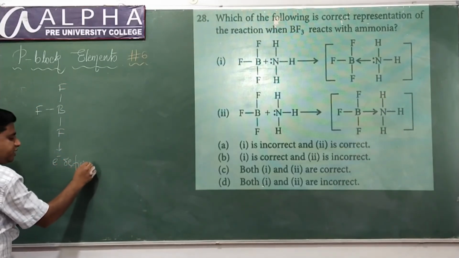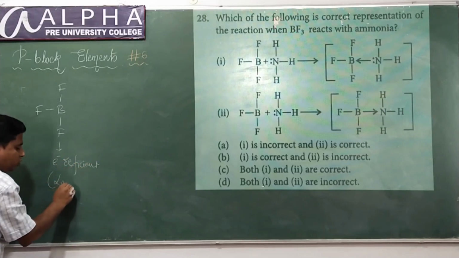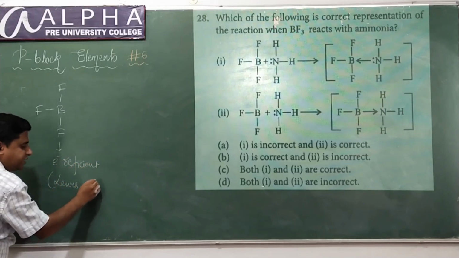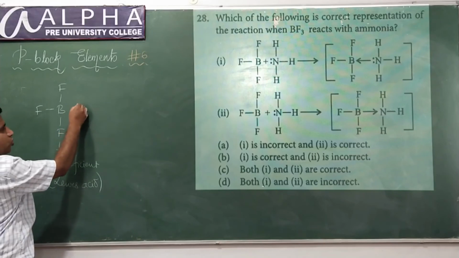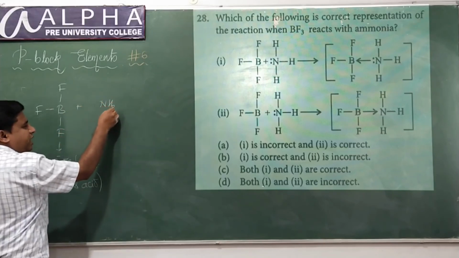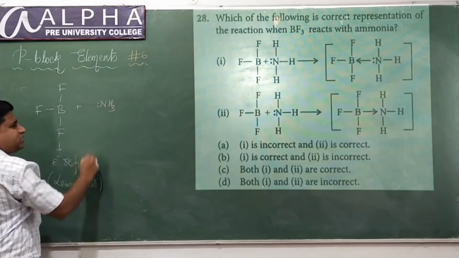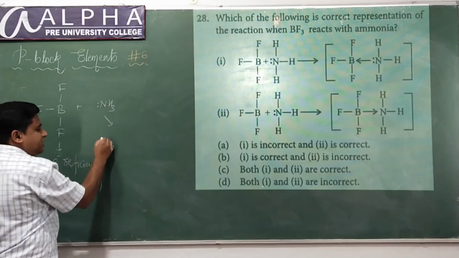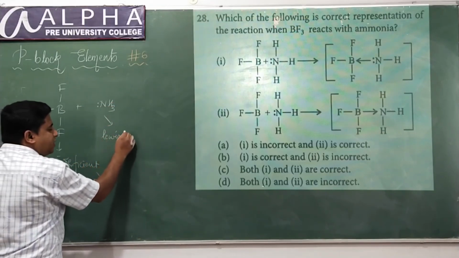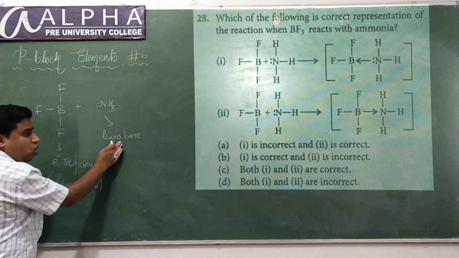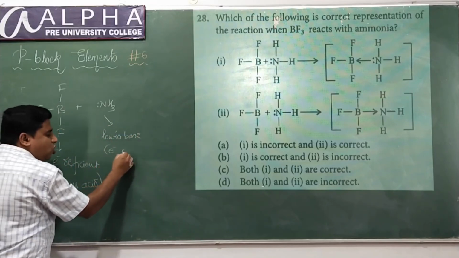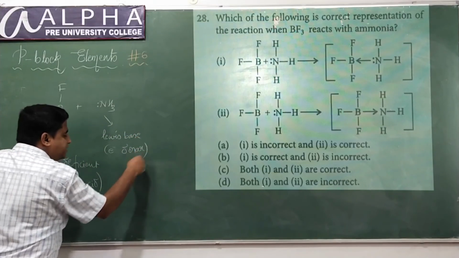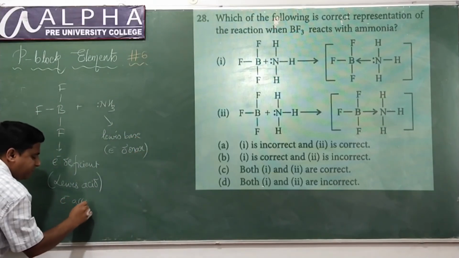So it acts as a Lewis acid. Now this boron trifluoride is reacting with ammonia. In ammonia, nitrogen has a lone pair of electrons. So we know ammonia is a Lewis base. It is an electron donor, whereas this is an electron acceptor.